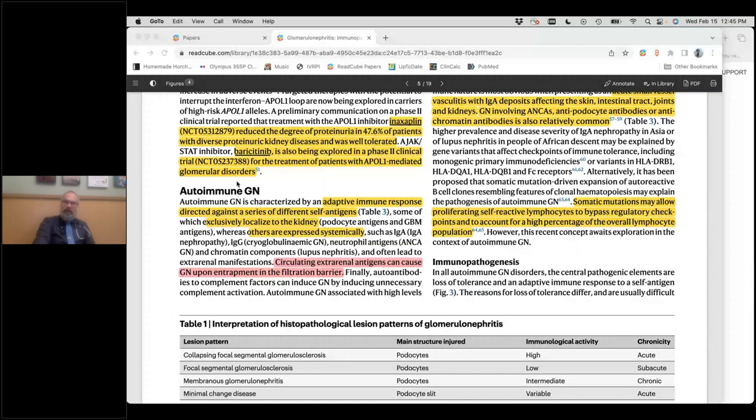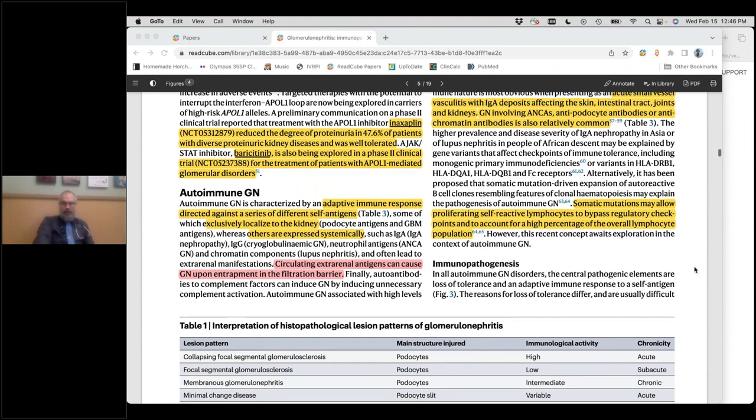So autoimmune GN is where we have an adaptive immune response against self-antigens that localize to the kidney or are expressed systemically. The extra-renal antigens can become trapped, or you have a circulating antigen-antibody complex that can become deposited within the GBM and lead to further in situ complex formation.